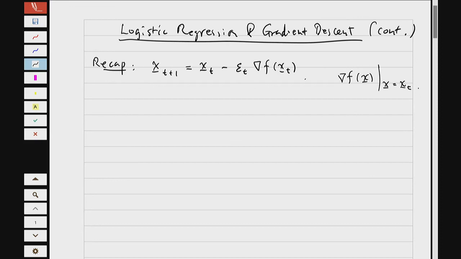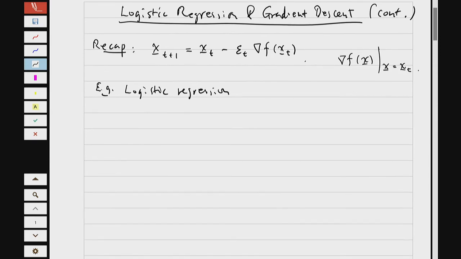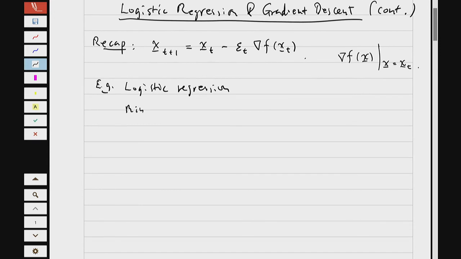So let's take a look at logistic regression. What does this mean in particular? We want to minimize this E_in.